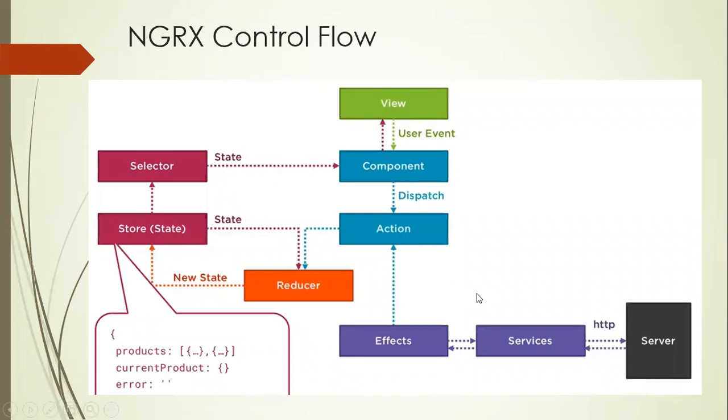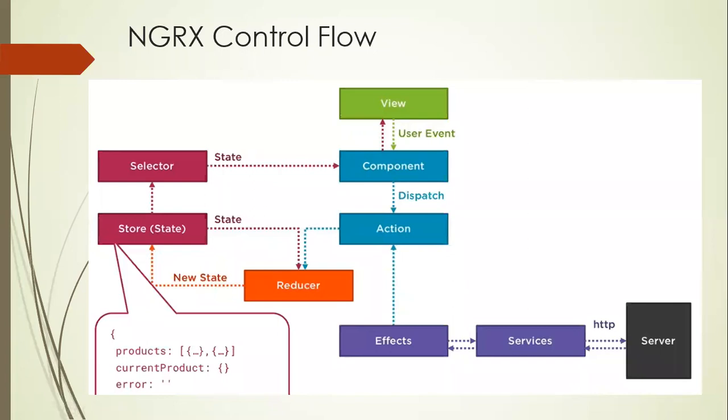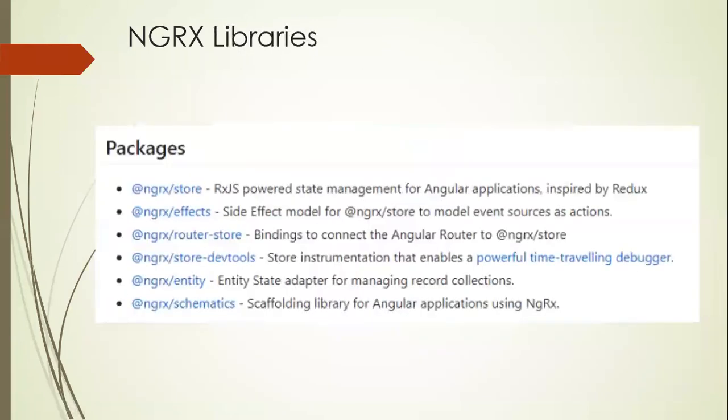Even in companies, any complex application developed using Angular will have this flow. Even for a simple button click, you have to follow this much process if it has server side calls. If you don't have server calls, effects and services will not be there, only this flow. I'll come back to each and every terminology.